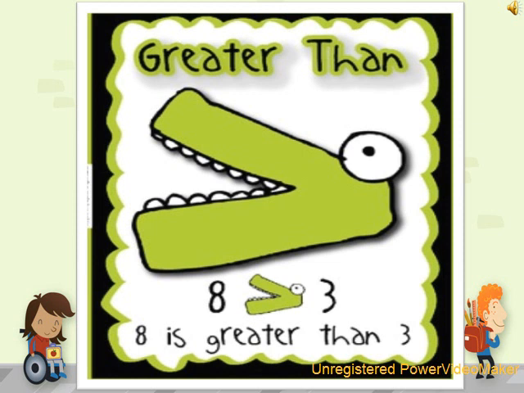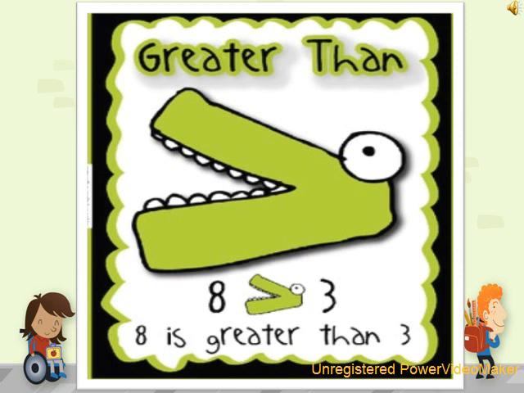Here in green color, crocodile's mouth is there. Greater than sign is like that only. It is always open towards the number which is greater and which is on the left side. That sign is known as greater than sign.